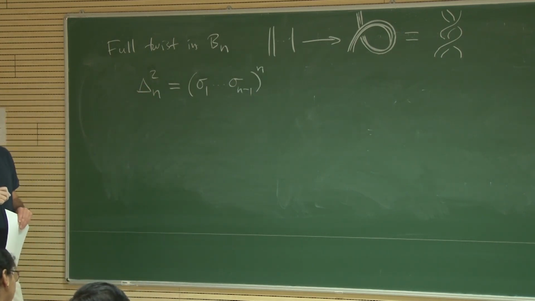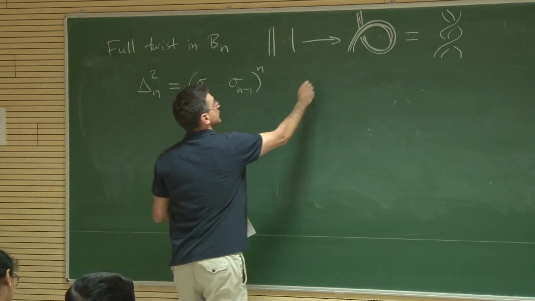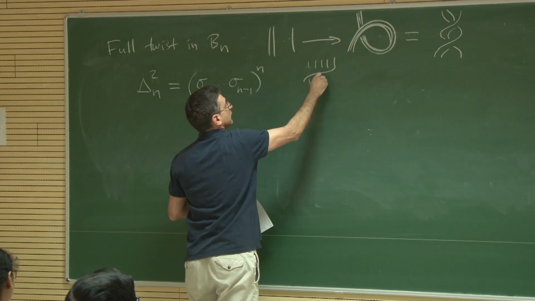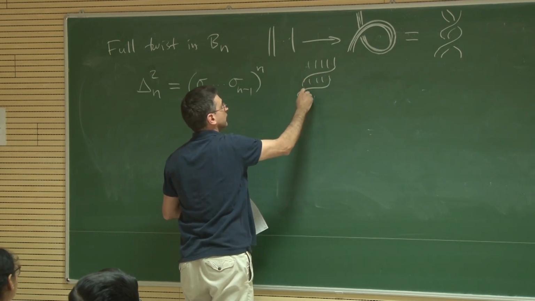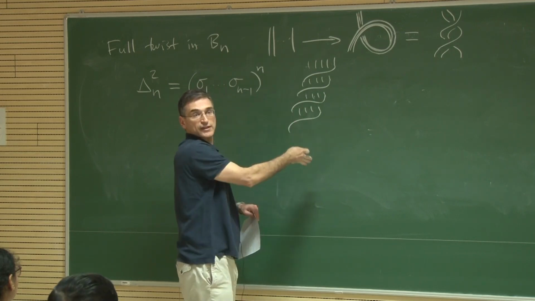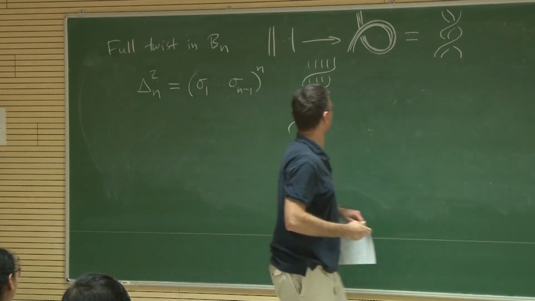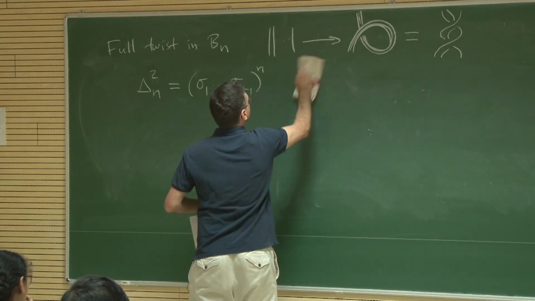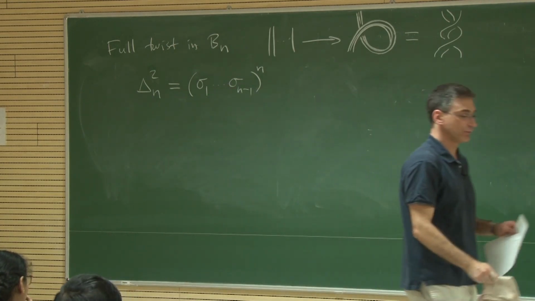Very standard way to write this. And what this is, is writing it like this. You get the idea? So this is n times. So this is this notation. So this is the full twist.